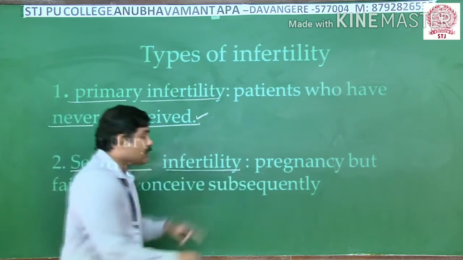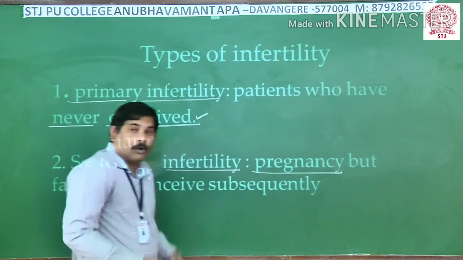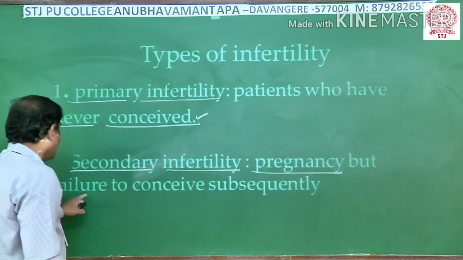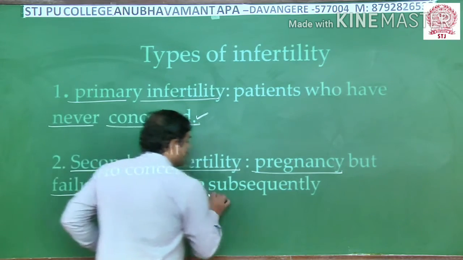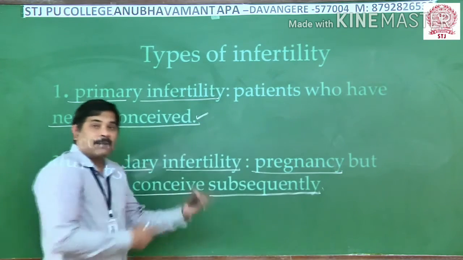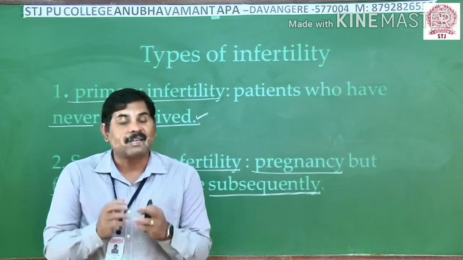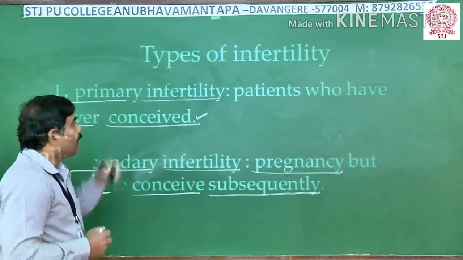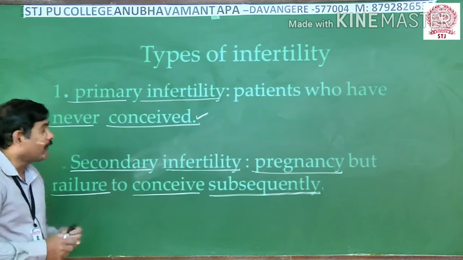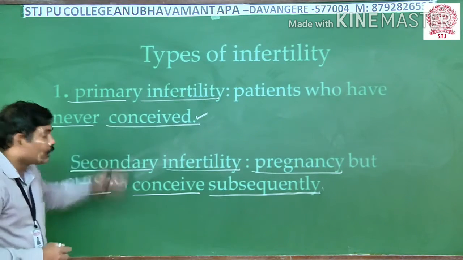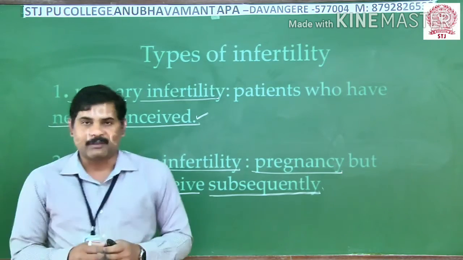They do get pregnant first, and if they fail to produce a second baby, such a kind of infertility is known as secondary infertility. So these are the two types of infertility.